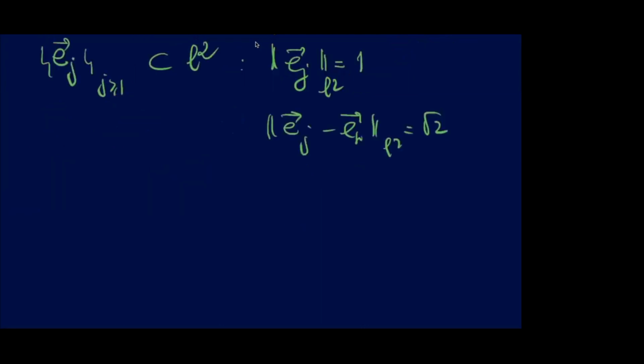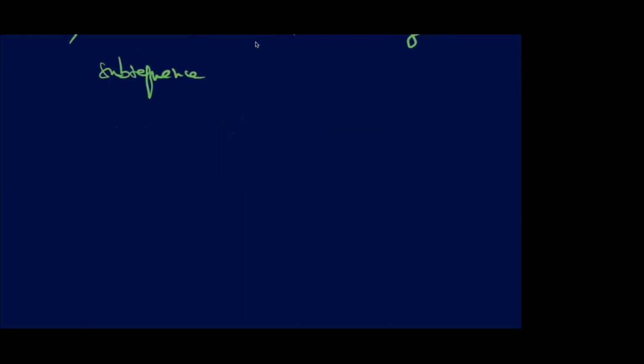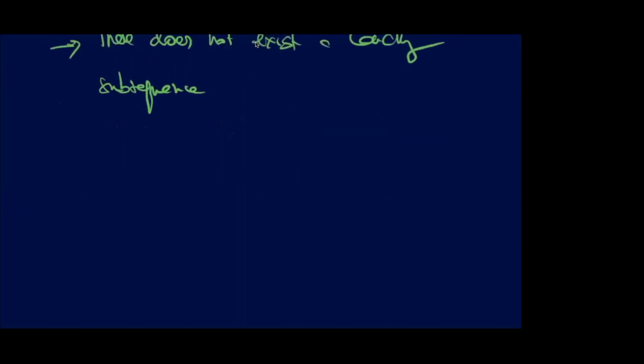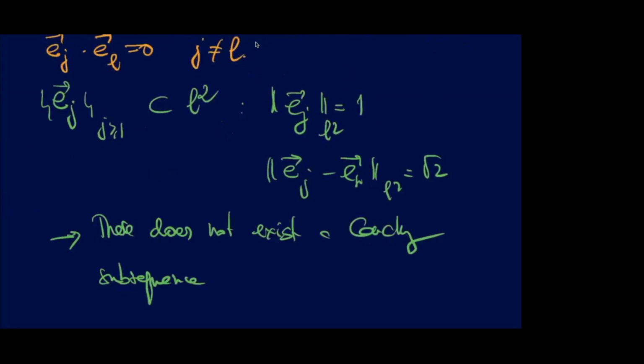And then this implies that there does not exist a Cauchy subsequence. Okay? So in particular, because this is a complete space, there is not a subsequence that converges strongly.